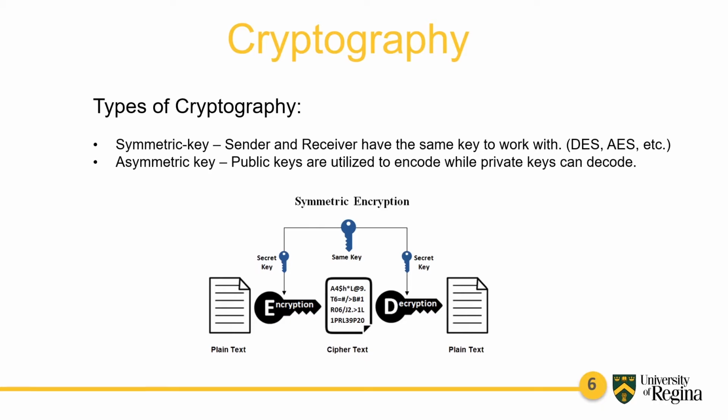Okay, now we can talk about types of cryptography. We can divide cryptography into broadly two types or two methods. The first is the symmetric key approach. This is when the sender and the receiver have the same key to work with. In this approach, we have just one key. It is a secret key that only the sender and the receiver know about.